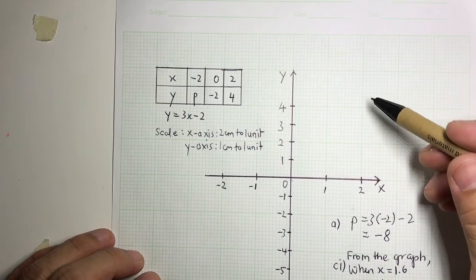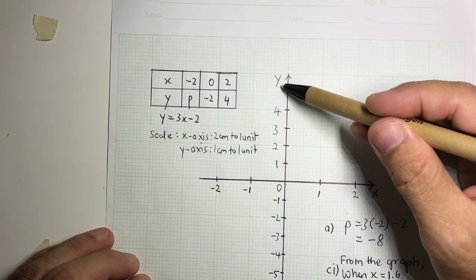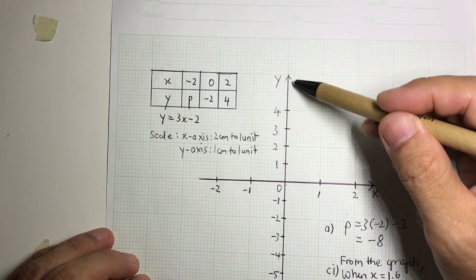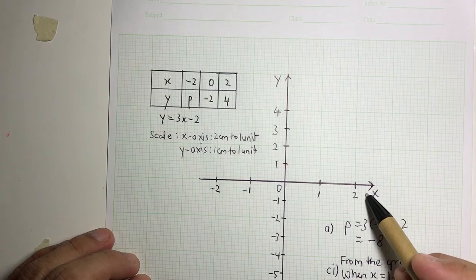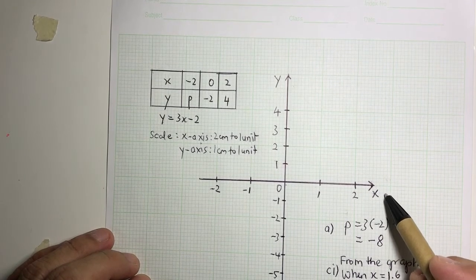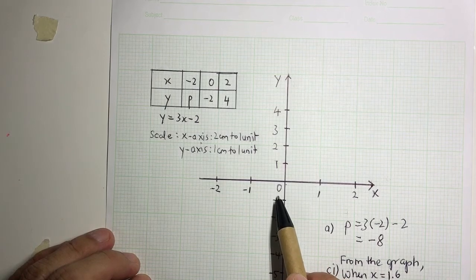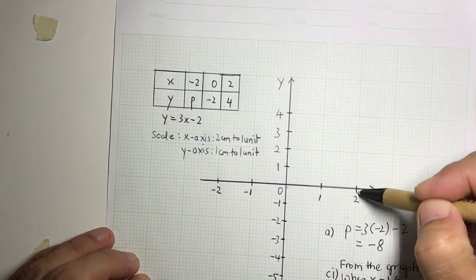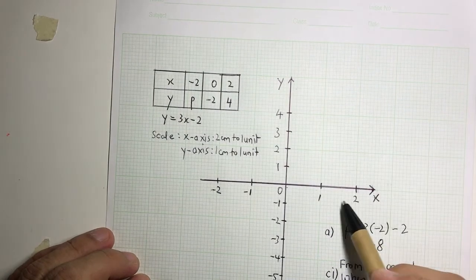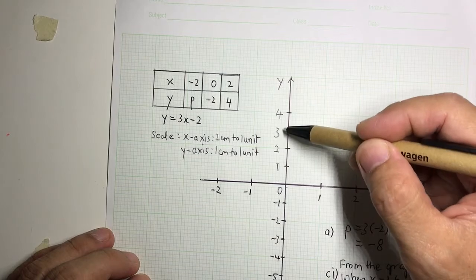The axis must be properly labeled with the y label and the arrowhead on the top and the arrow on the right representing the x-axis. Don't forget to label the origin 0 as well. And you need to make the marking. The numbers are below the line and the numbers on the y-axis are on the left.